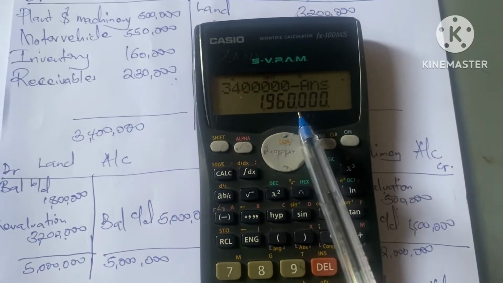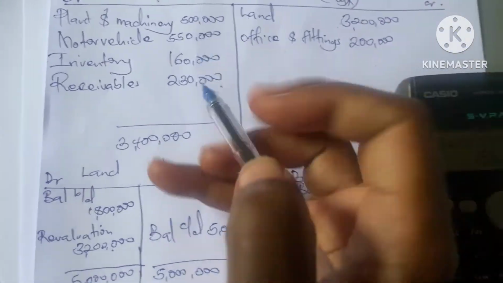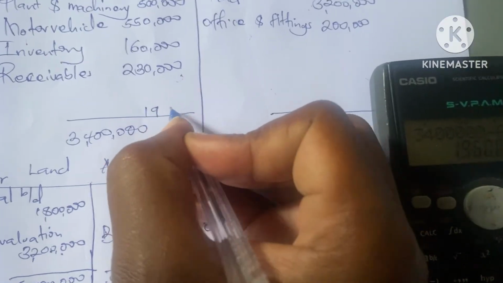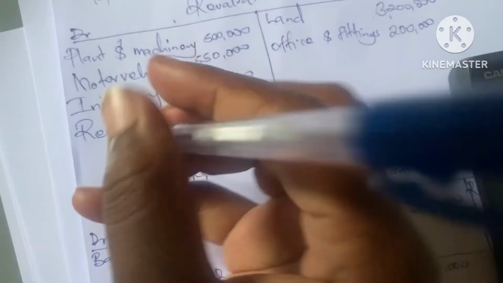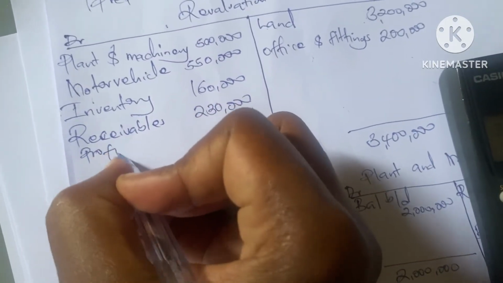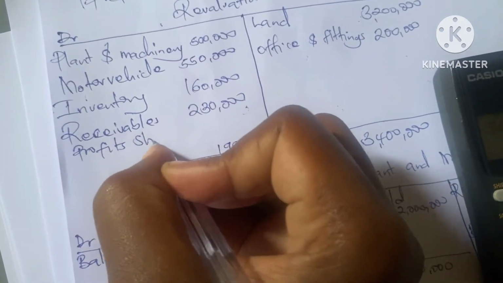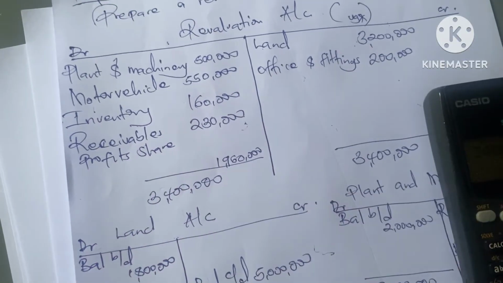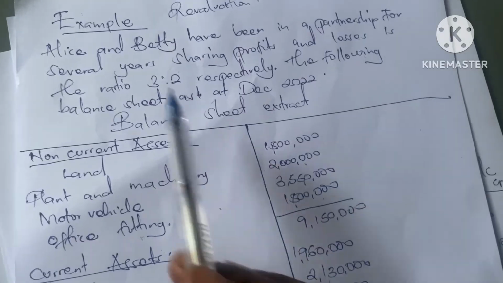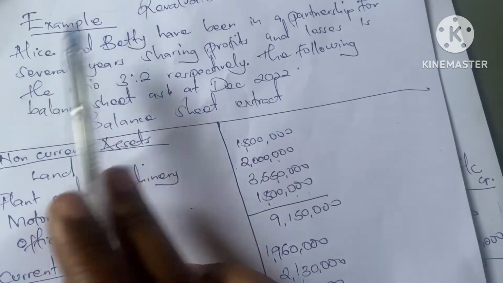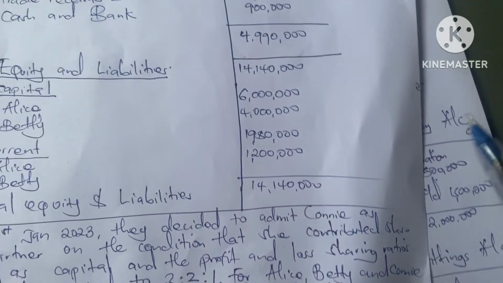So the profit is 190,1960, like that. But this profit has to be shared by the old partners only. We ignore the new partner, so it is only shared by the old partners, which is Alice and Betty. So we ignore this Connie that was admitted later.